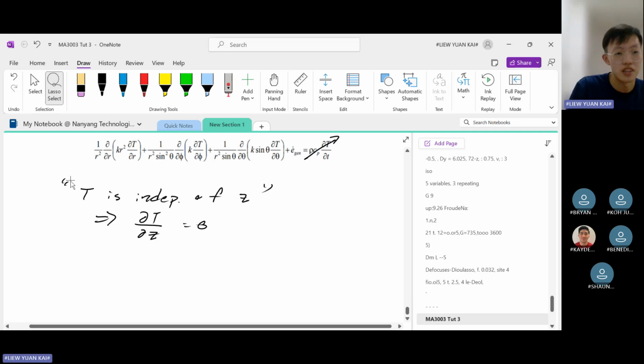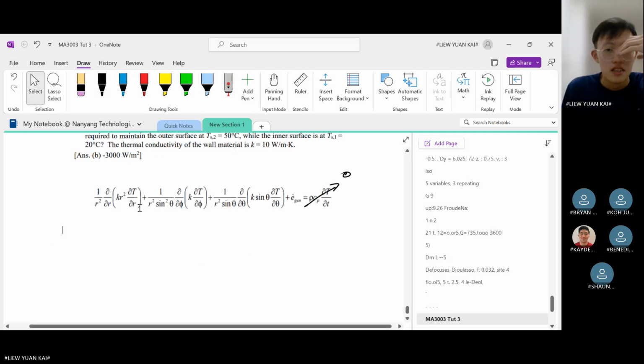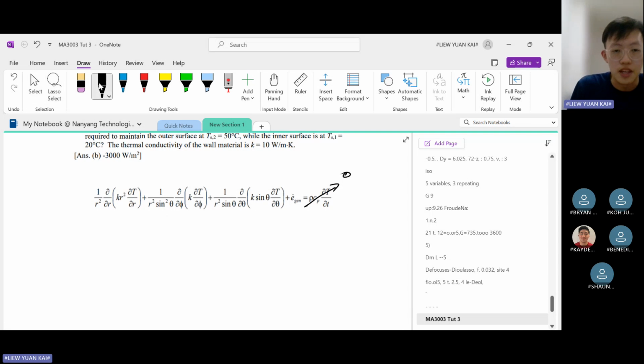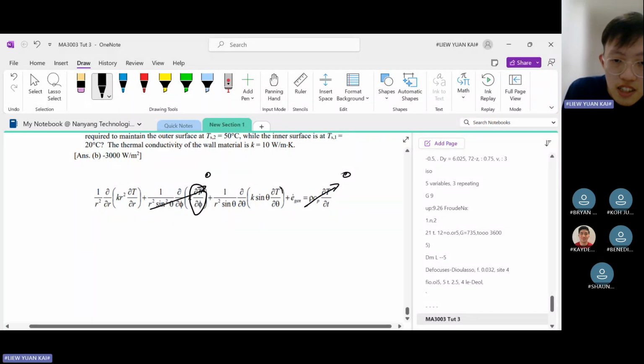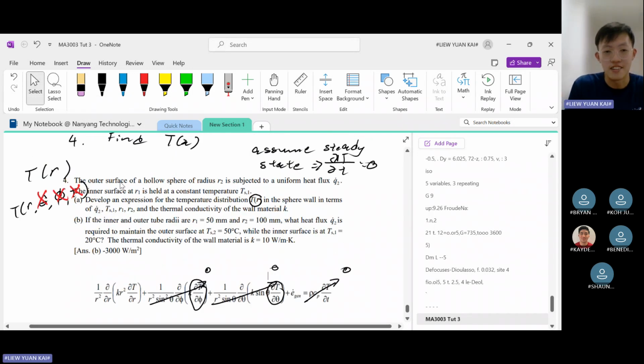So how does this help us simplify? Take a look. We assume that it doesn't depend on phi, it doesn't depend on theta. So you see this? This will become 0. You see this? This will become 0. And then, did they say there's any heat generated?